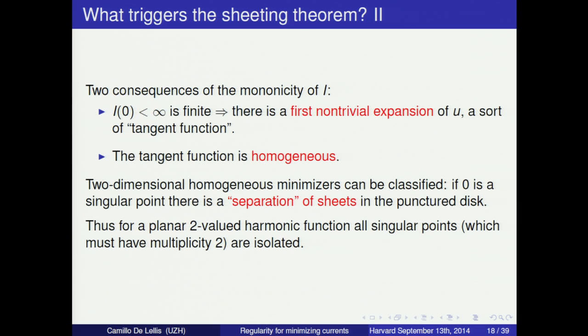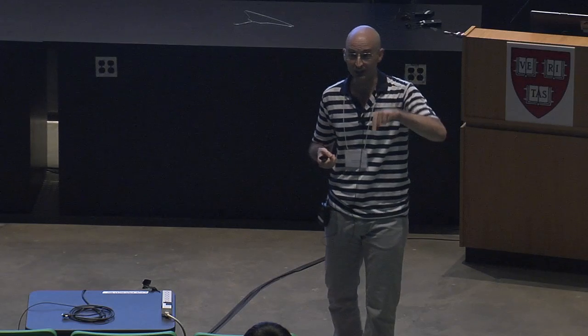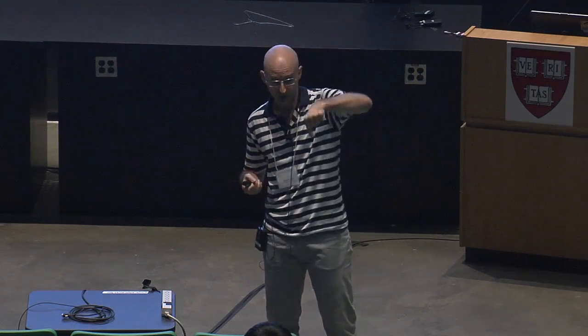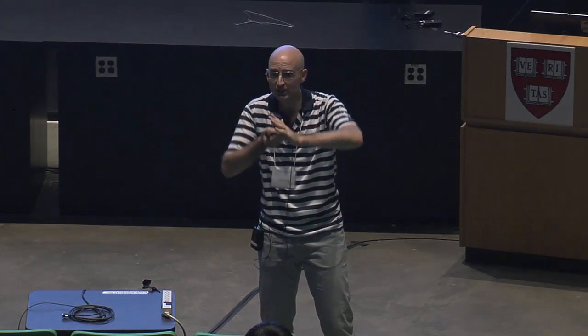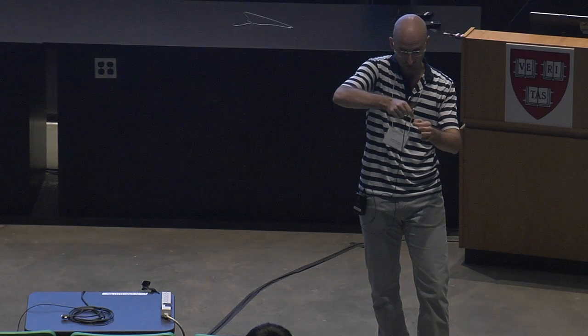And once you classify them, you discover the following very important point. If 0 is a singularity, I mean, if the point where you are scaling is a singularity for the limit, then the sheets of this function have to separate. And once the sheets of the function separate, for instance, if you are in a 2-valued setting, say, then you have to be regular outside of this point.